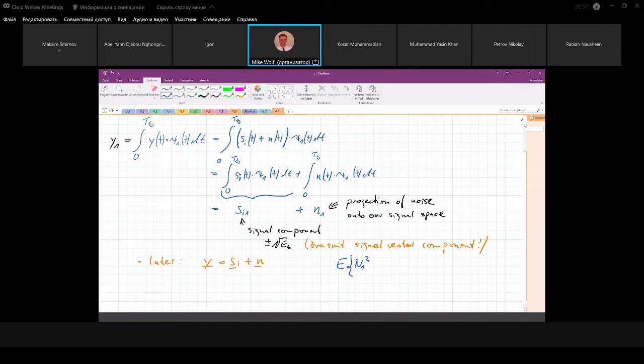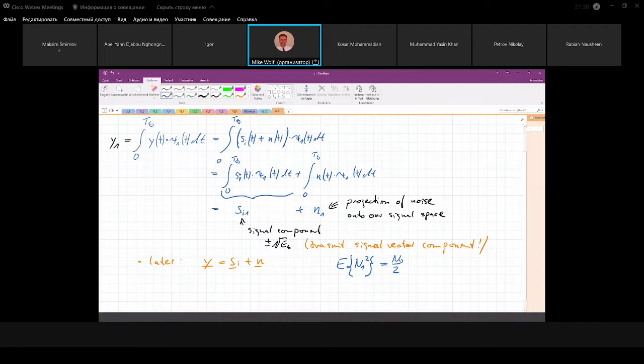Why do I write N1 as a capital letter? Because I'm looking at the expected value, so I consider this as a random variable. This component, if we use unit energy basis functions in our model, has a second moment equal to N0 by 2. This is strange. This is not really a noise variance as in physics, because if N0, for instance, is in watt per hertz, then the variance is also in watt per hertz.